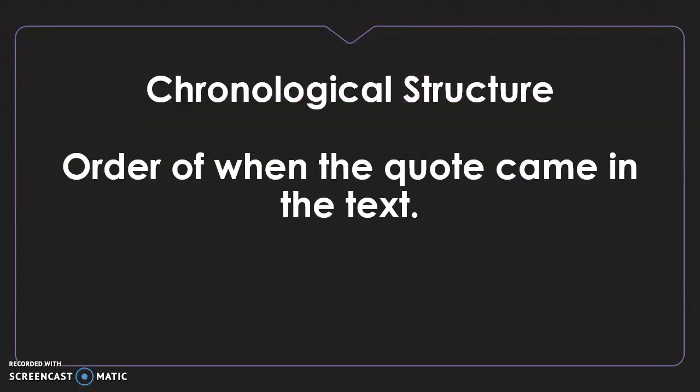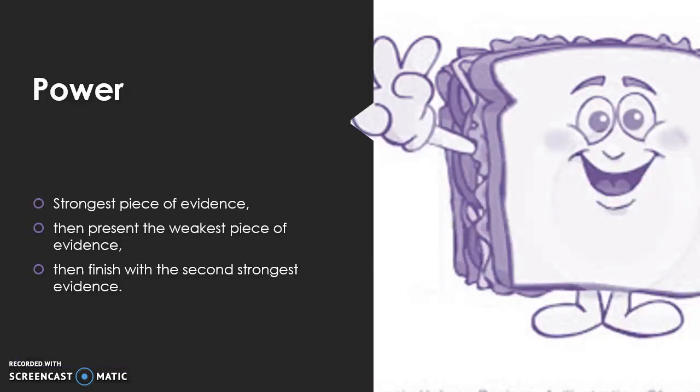We know what chronological is. It's the order. It's first, second, third, fourth. So if you chose evidence that was on paragraph 1, 9, 12, do not start with 12 first if you're doing chronological order. Start with 1, then go to 9, then go to 12, okay?